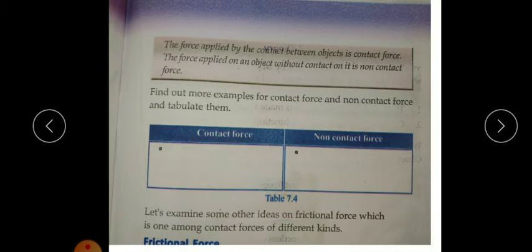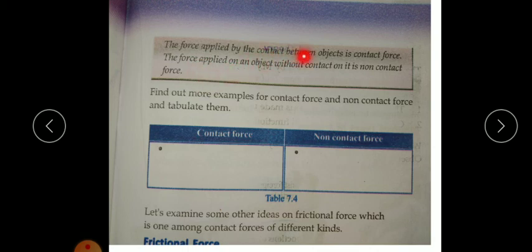So in the next page, a box is given. The force applied by the contact between objects is called contact force, and the force applied on an object without contact on it is non-contact force.